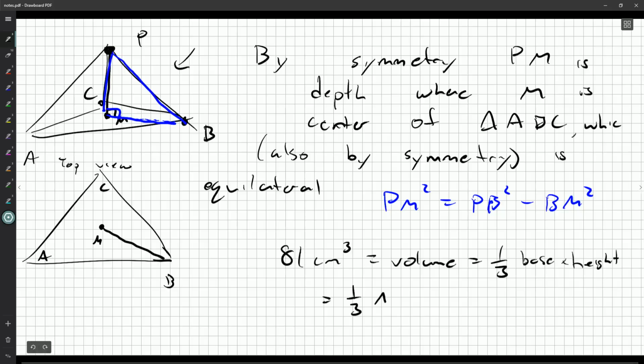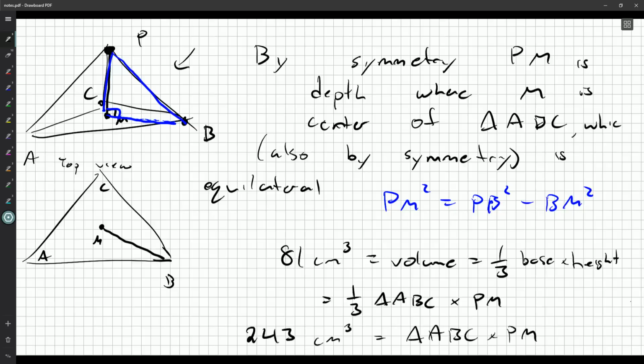So 1/3 the area of triangle ABC times the height, which is PM. So this is 1/3 triangle ABC times, actually I don't know what PM is. I was about to say 9 centimeters, but no, that's not how that works. So we can multiply by 3 on both sides to say 243 centimeters cubed is triangle ABC times PM.